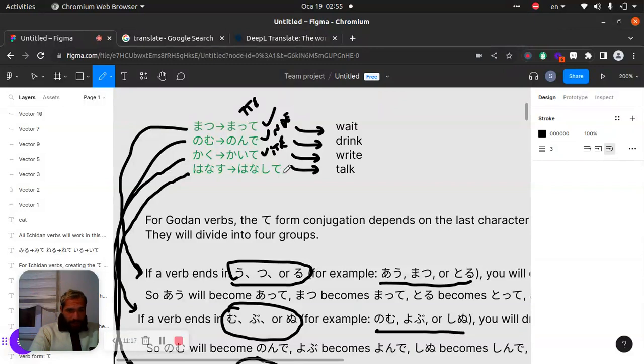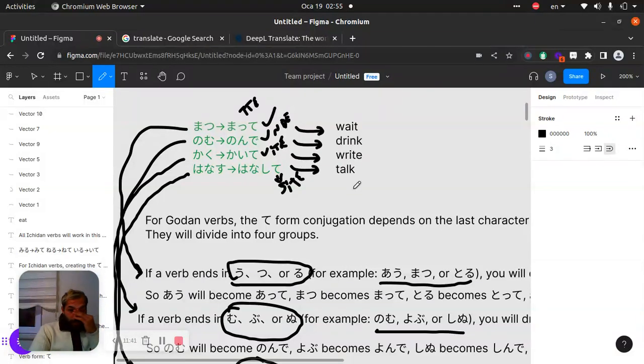It will be shite. Hanasu will be hanashite, like that. This one is shite. This is some form you need to know, okay? You can pronounce it like shite, okay? Shite.